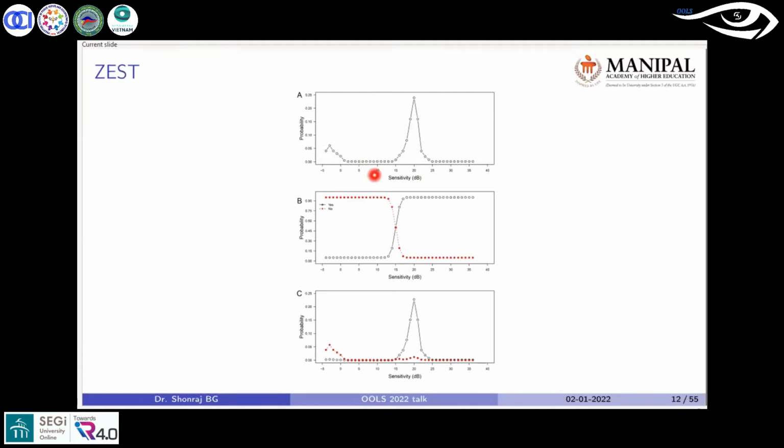Let's say here 0 to 40, and you have the probability of obtaining the sensitivity values. How do you get this curve? You test the probability of this particular population getting a threshold value of 10, then you plot the histograms and join the middle of the histograms. This function is called the prior probability mass function.